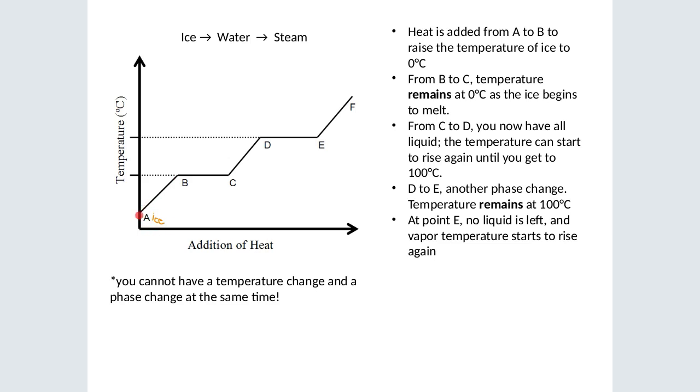So let's say it's at negative 25, negative 20, negative 15, negative 10, until it gets to point B. And so now I have ice that is at 0 degrees Celsius.